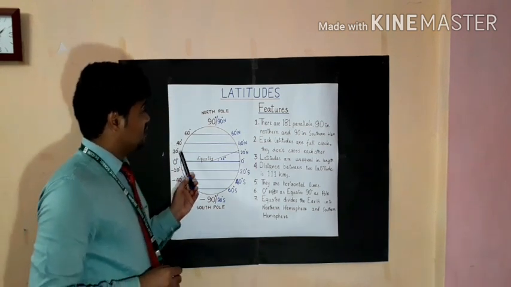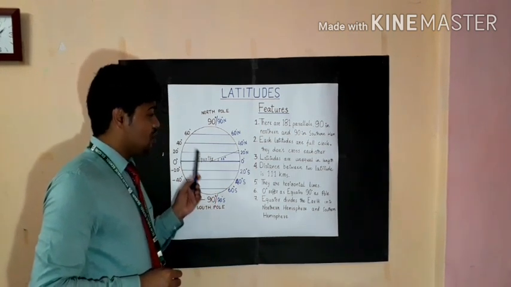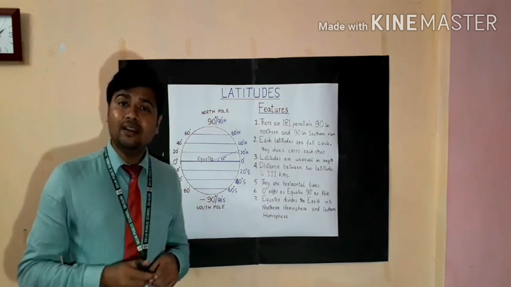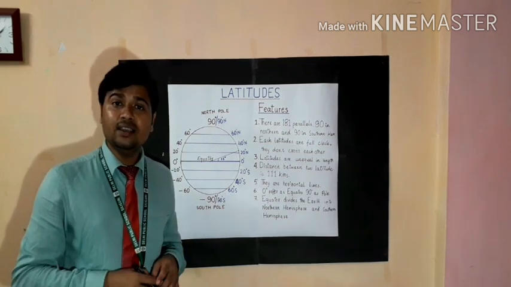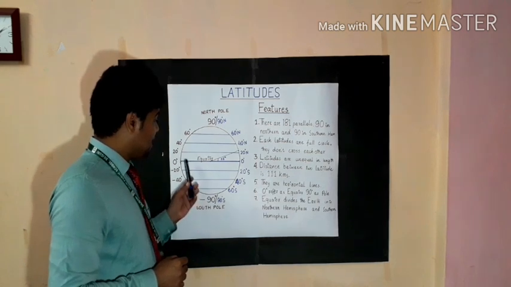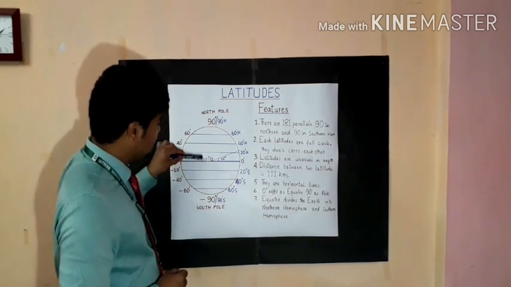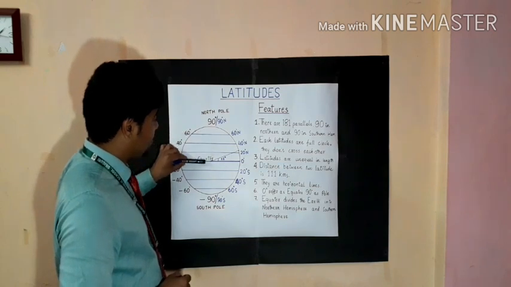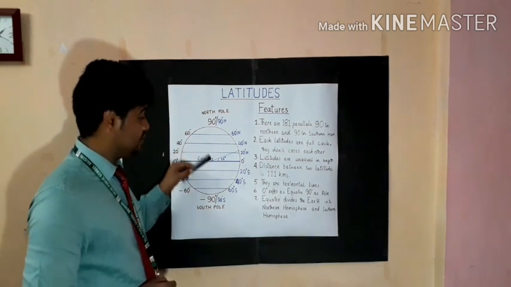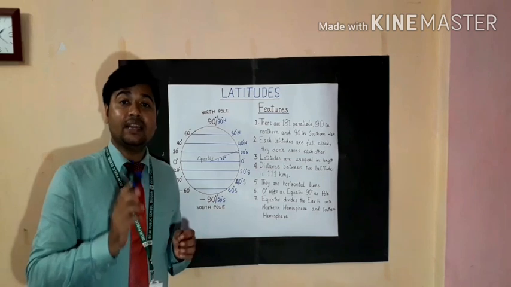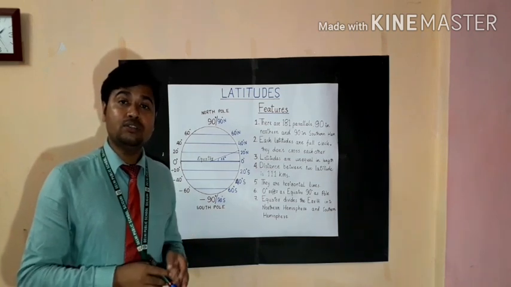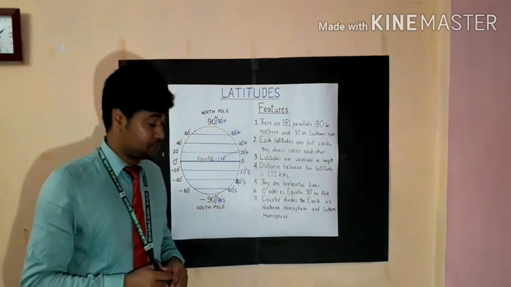Now, latitudes are also called parallels. Do you know why? Because by taking the equator as a base, all these lines are parallel to the equator. That's why latitudes are also called parallels.